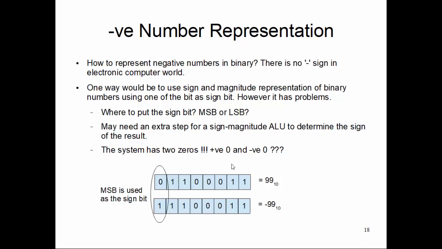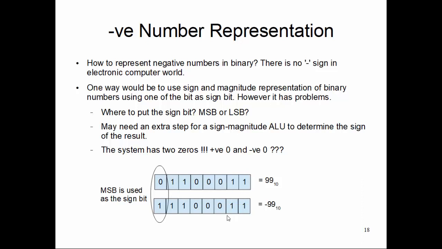and determine the sign of the result. And another interesting thing in that system is that we have two zeros, positive 0 and negative 0. Let's say in a number system we assign the last bit, or MSB, as my sign bit. If it is 0, it's positive. If it is 1, it's negative. First of all, we are sacrificing the range of the system a little bit.